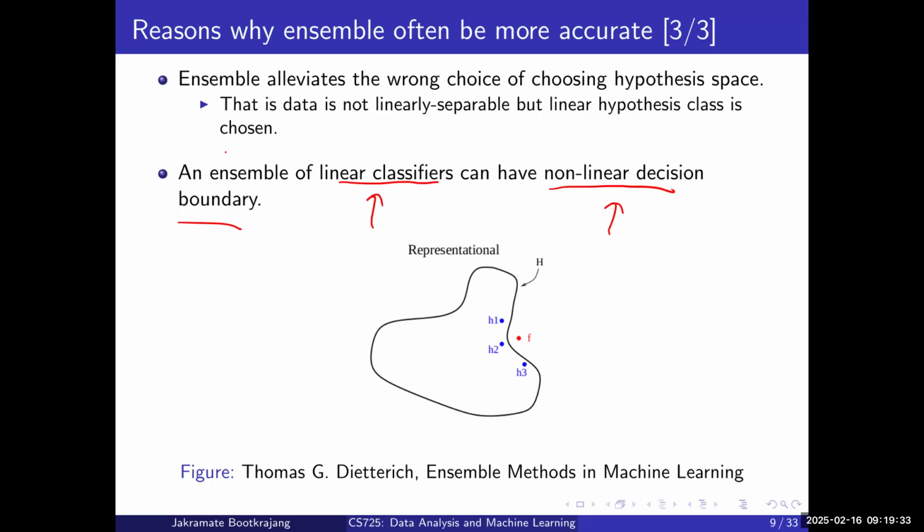Well, in a sense, the ensemble is your kernel, but it's not a typical kernel that you put on the data. You already have the classifiers, and then you want to combine them. So that is the reason why the ensemble method is very strong.